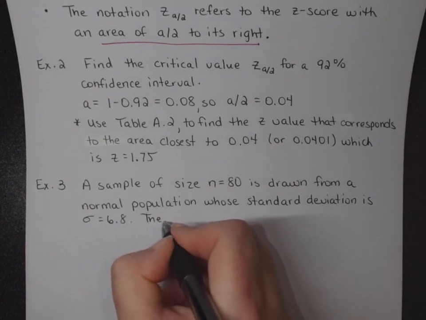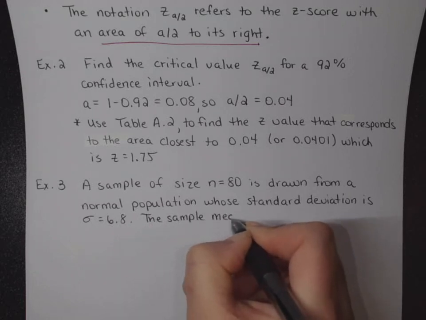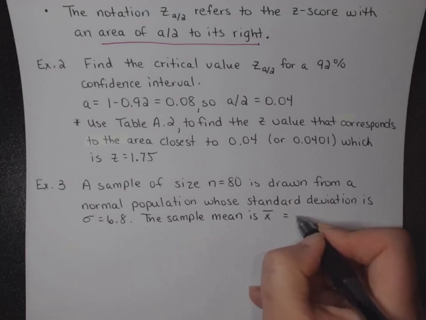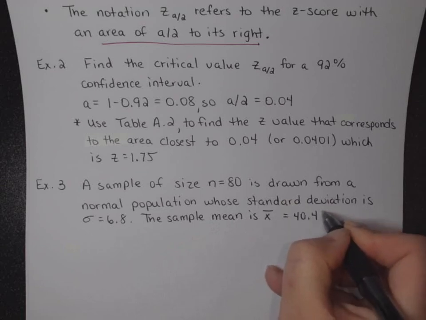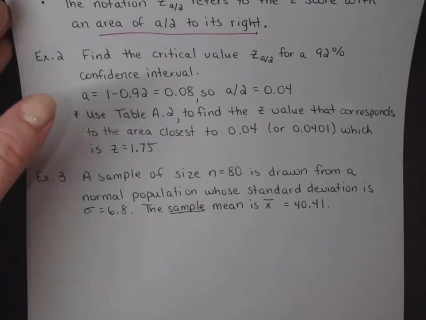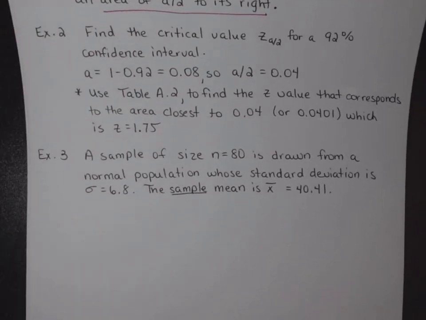And let's say that we also know that the sample mean is 40.41. Okay, remember this is the sample mean, right? We actually don't know the population mean, because maybe there are too many values.